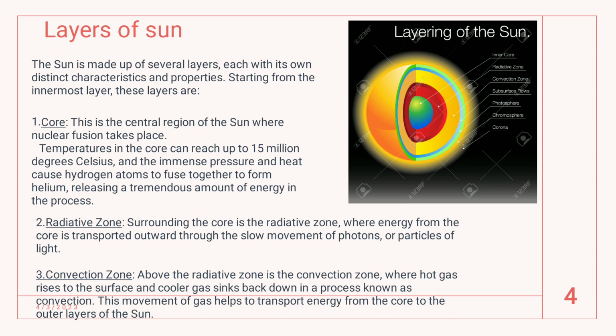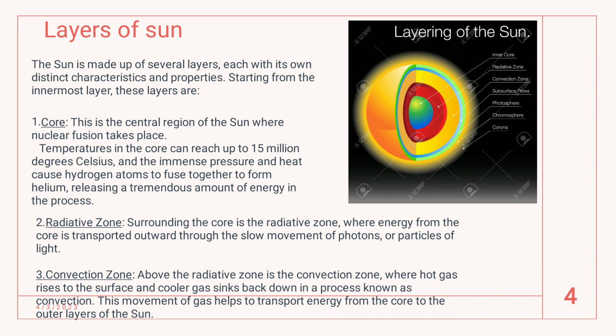The temperature in the core can reach up to 15 million degrees Celsius, and immense pressure and heat is applied in the core region. During this nuclear fusion, an enormous amount of energy is produced by the core.